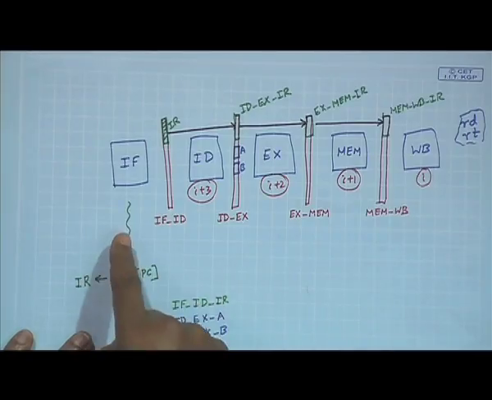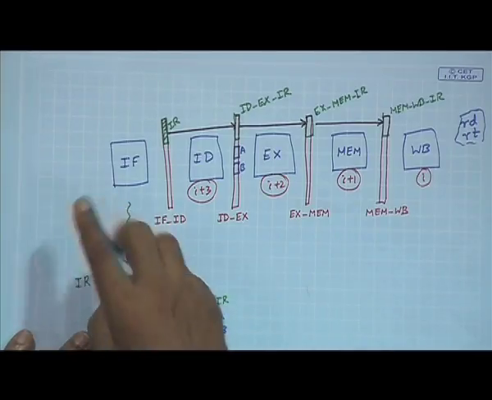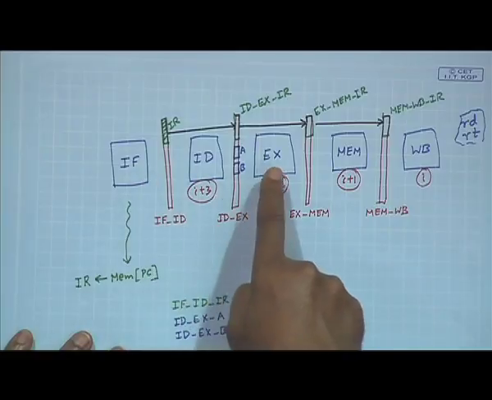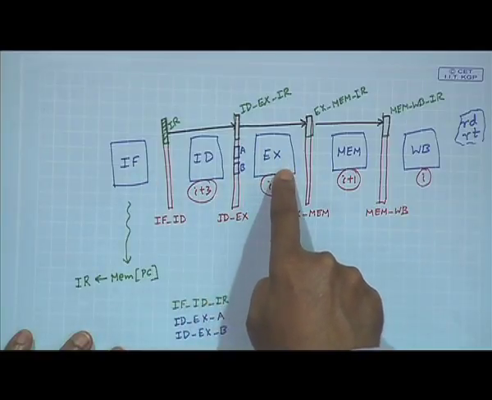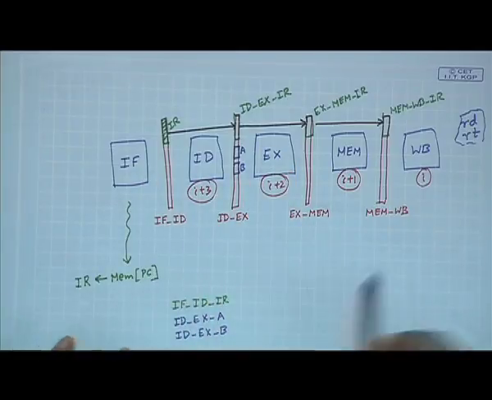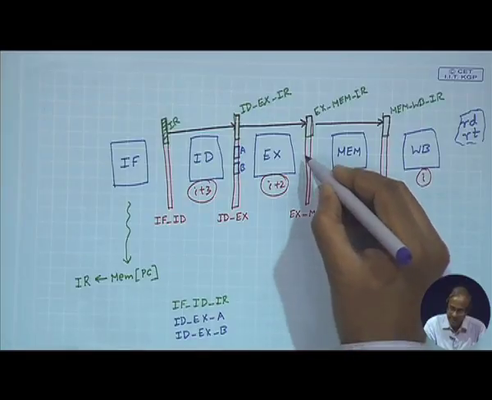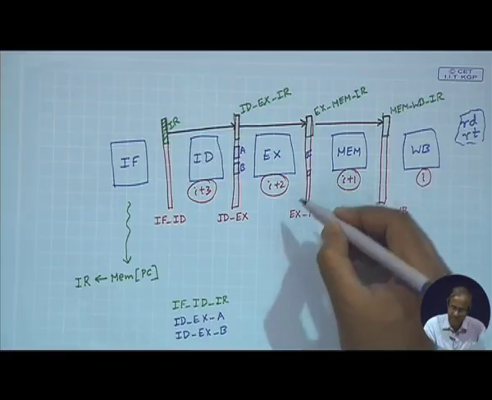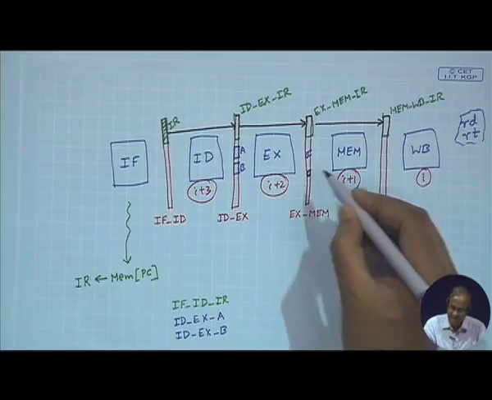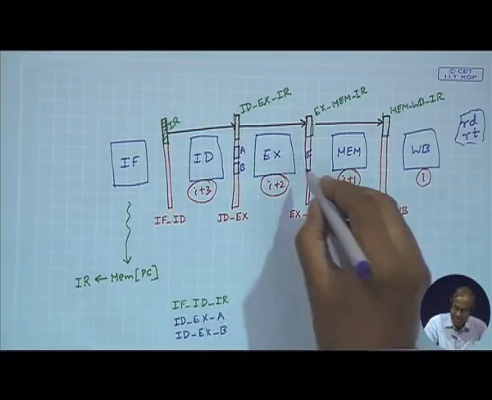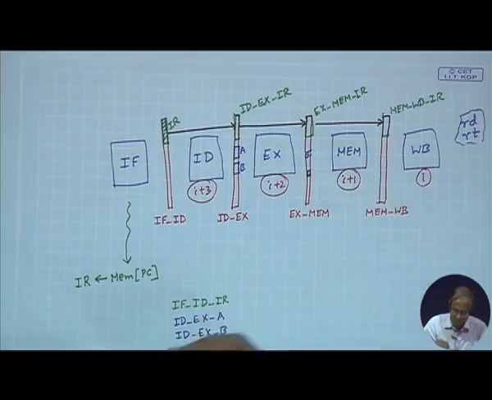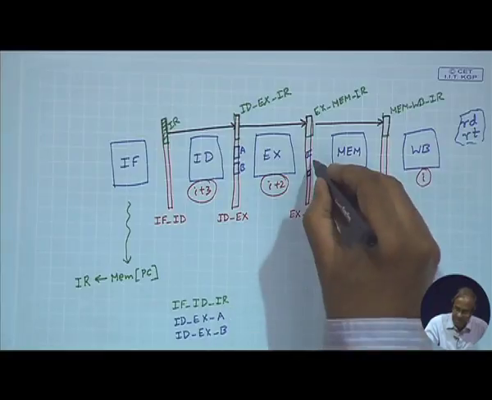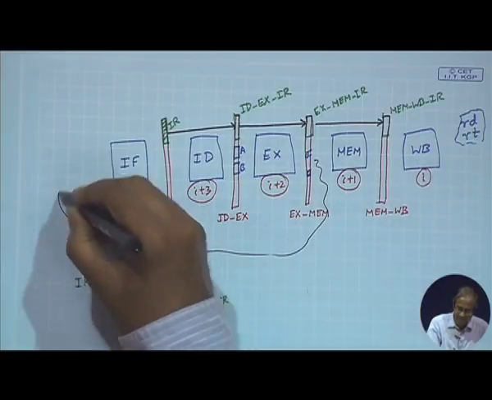Once a branch instruction reaches the EX stage, only then do you know it is a branch, and the values of the cond and the next instruction address will be stored in this buffer. If you decide that there is a branch, the next instruction has to be fetched from that address. So, there has to be some kind of feedback from here back to here.